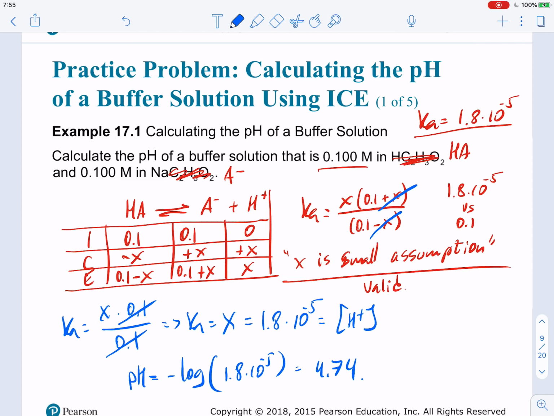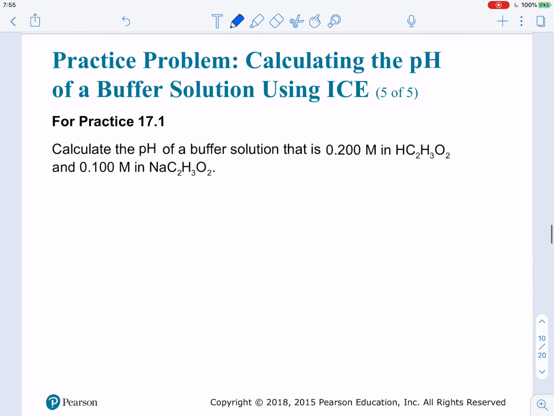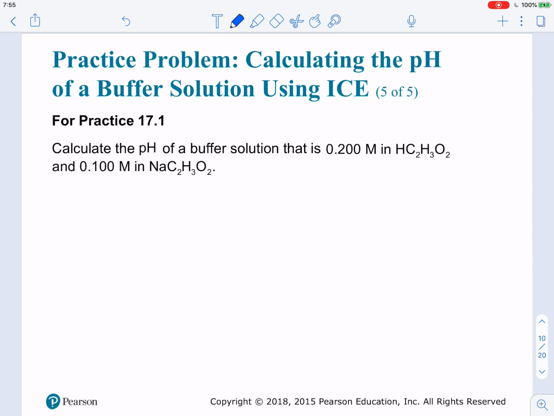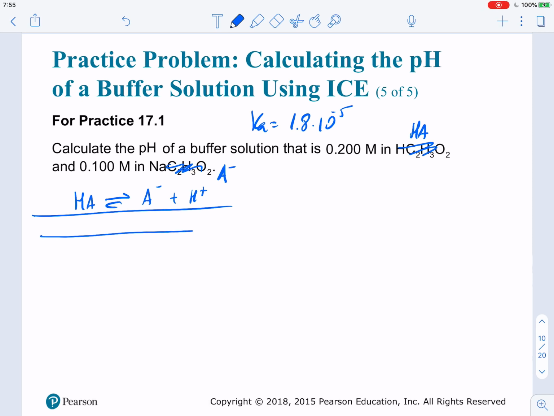Now, what if you have different concentrations, right? This is still HA, this is still A minus, Ka is still 1.8 10 to the negative 5. The ICE table is pretty much the same. HA goes to A minus plus H plus. Except that for the acid now we have 0.2 as the initial condition.